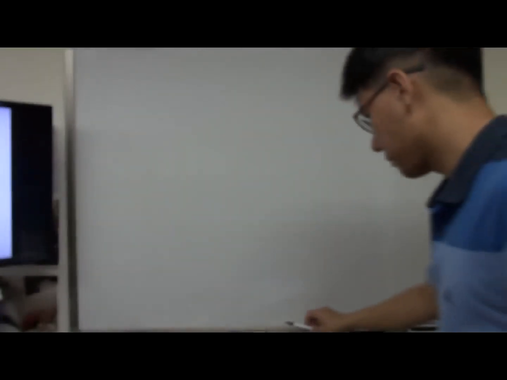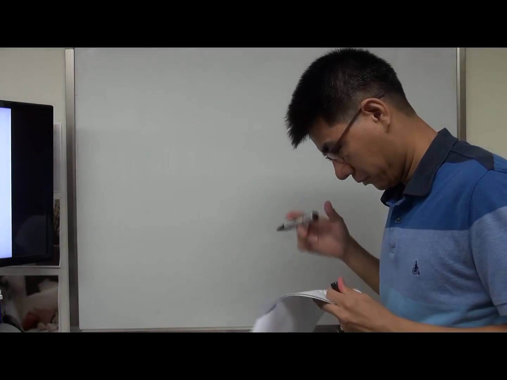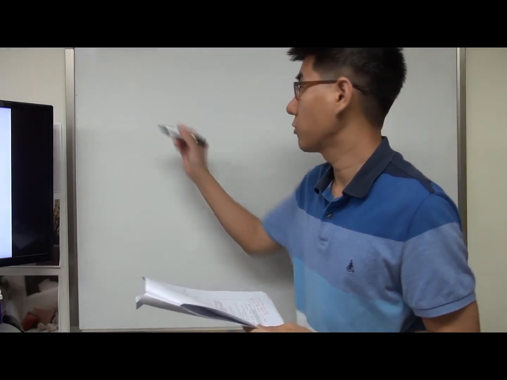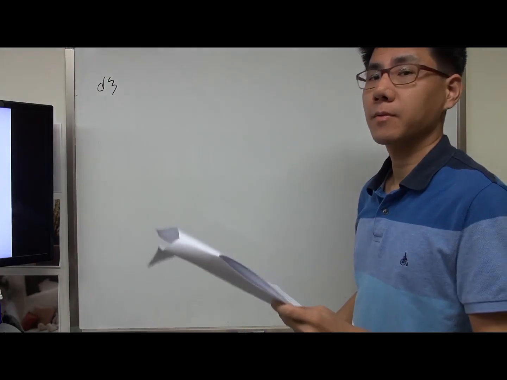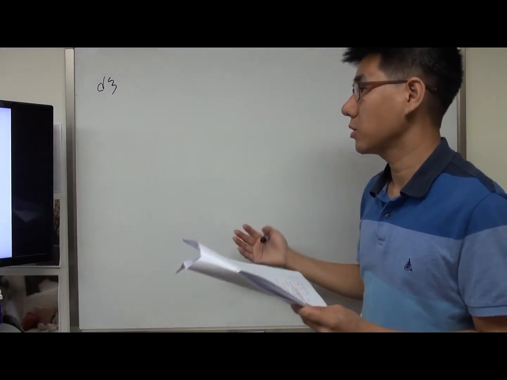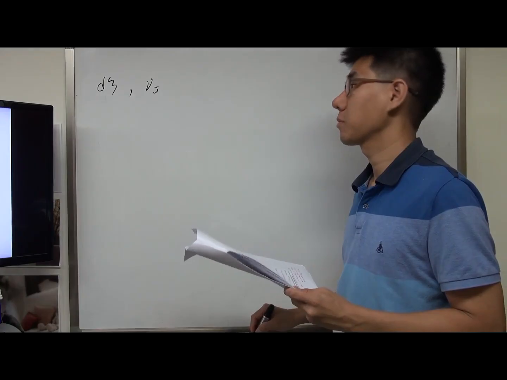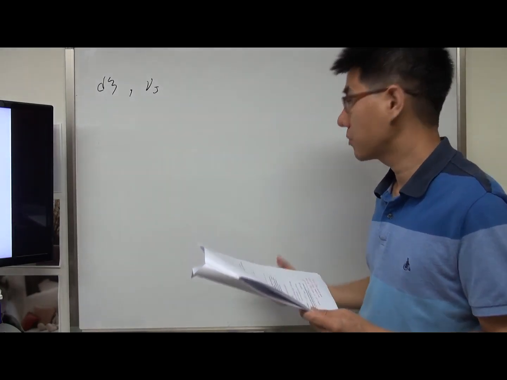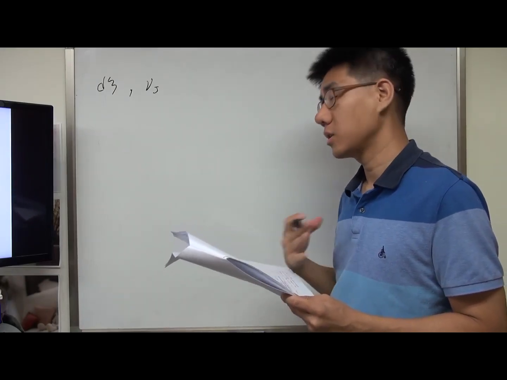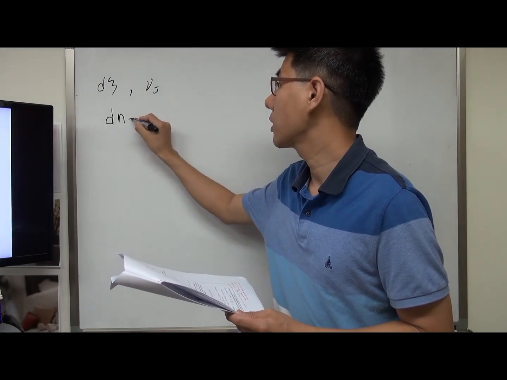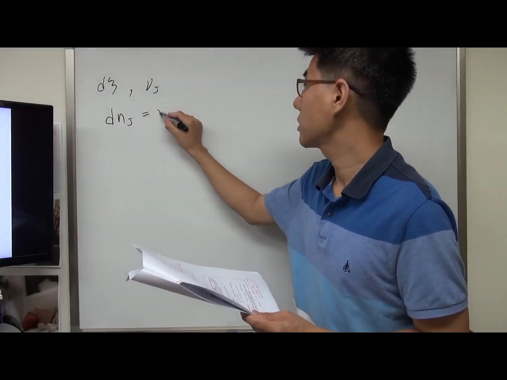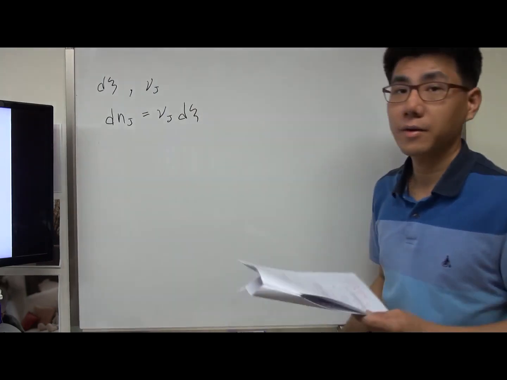For a general chemical reaction with extent of reaction psi, and for each species, reactant and product, stoichiometric numbers nu j, the amount of reactant and product changing by this extent of reaction, dn_j, can be written as nu j d psi, right?